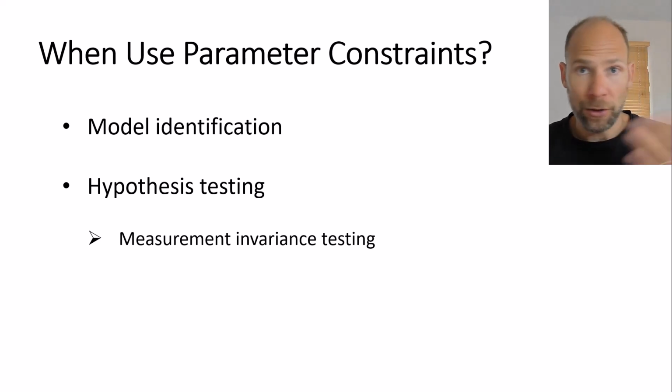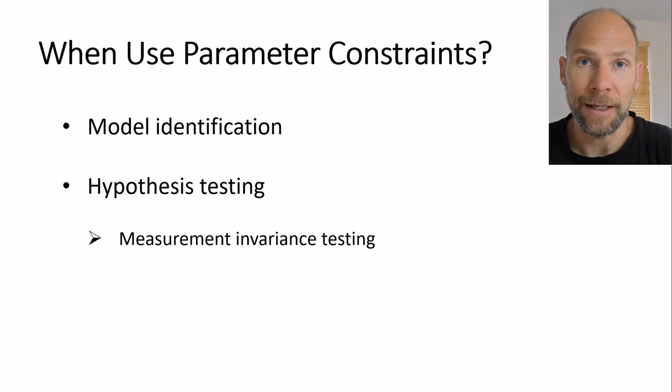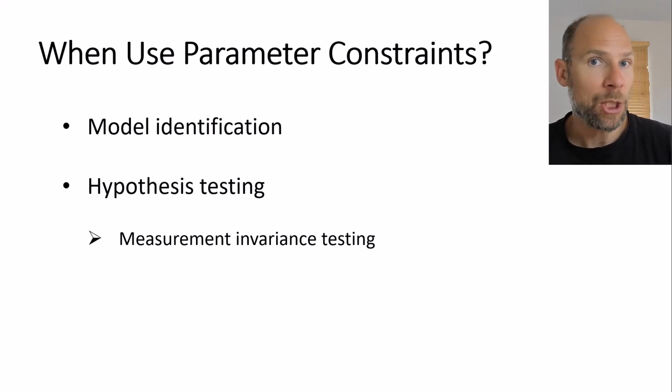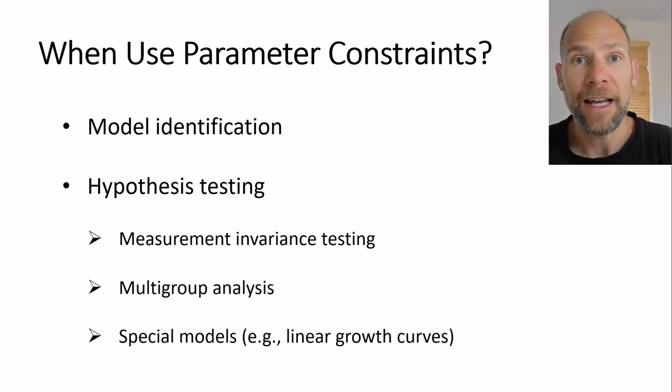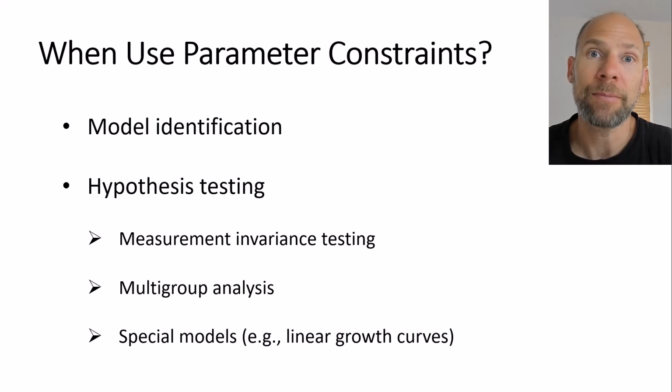And that also plays a role in longitudinal studies when we're interested in mean changes across time, where this follows the same principle. And then finally, we have constraints in special models, for example, in latent growth curve models for longitudinal data, when we want to test specific hypotheses about the form of change across time.